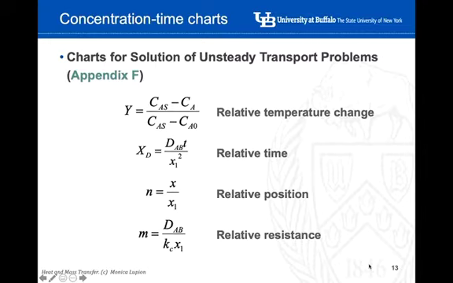In my experience, what is tricky here, and some students fail, is the calculation of the relative position, the parameter n. In each of the graphs, there is an indication of the value of x1, that we need to consider in order to calculate the value of this parameter n. I'll give you a few examples in a minute.